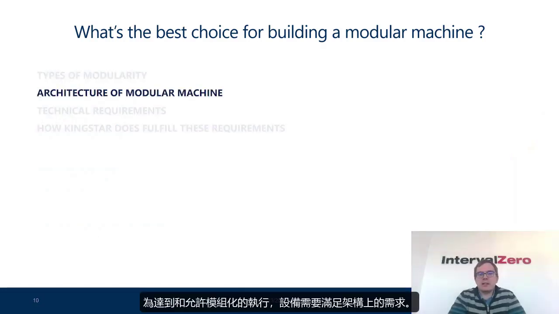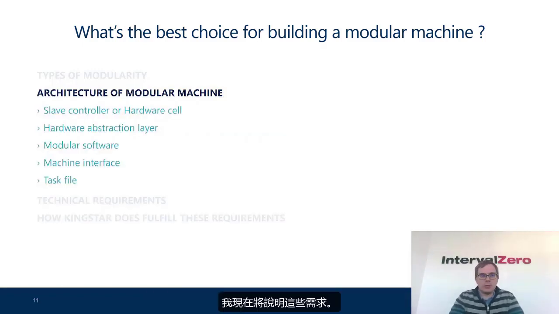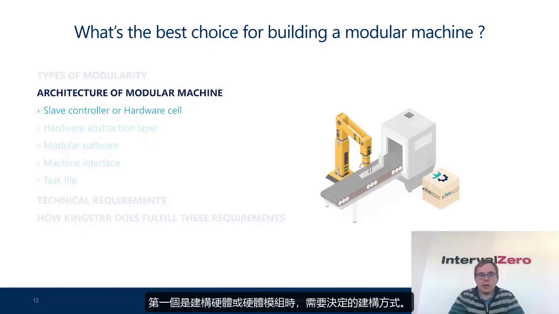To allow this modularity, there are some architecture requirements for the machines. So we'll now present those requirements. The first one is when you're building a hardware or a hardware module, you have to decide how you want to build it.